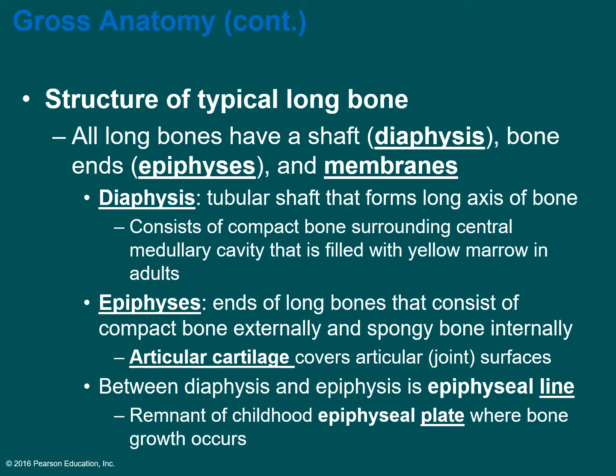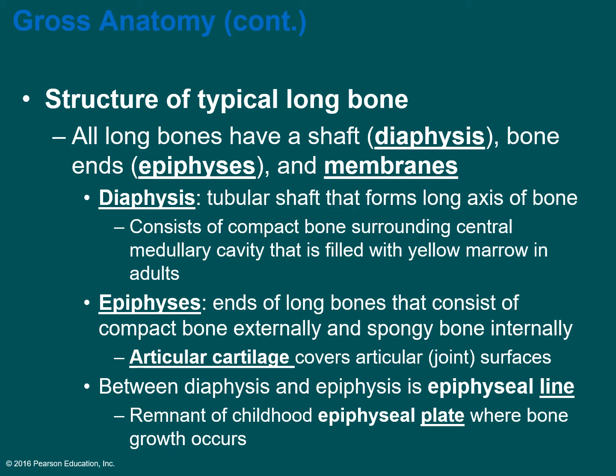On the ends, you've got the epiphyses. Internally, you've got, once again, spongy bone, external, compact bone. Most of your long bones are part of a joint; the ends form a joint with an adjacent bone. So there's going to be articular cartilage on that surface that's involved with the joint, not the entire bone, just on the end.